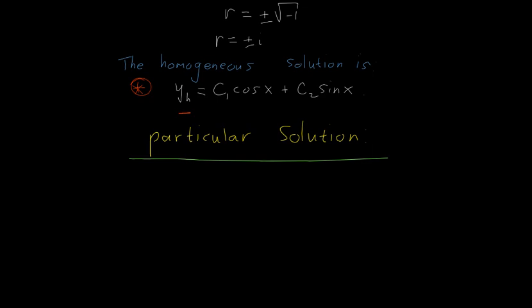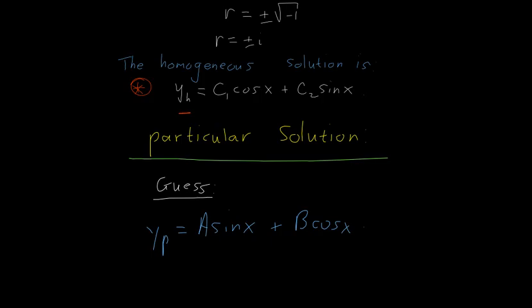So here's our guess. My guess is going to be y particular equals a sine x plus b cosine x. Normally, this would be the case.